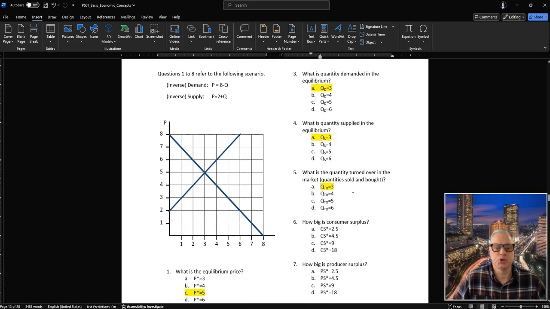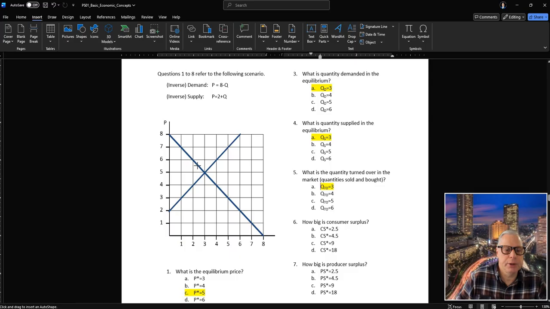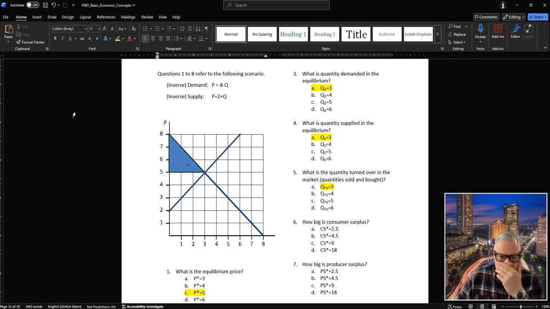How big is consumer surplus? So consumer surplus would be this triangle here. I don't know if this lets me draw it, but it would be this triangle. And that area, base is 3.